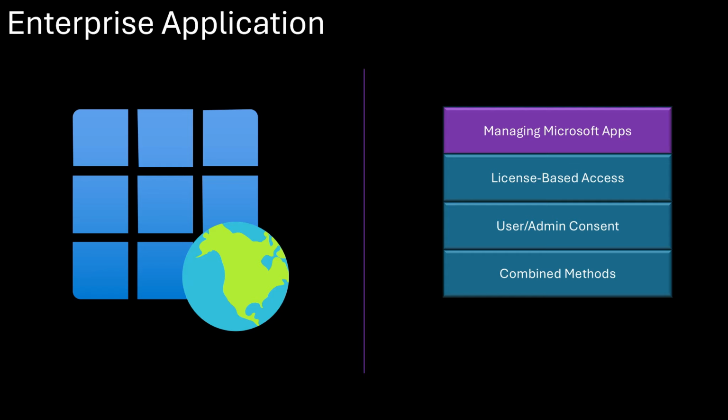Microsoft applications like Exchange, SharePoint, and Yammer are managed slightly differently. For such applications, you can assign access through user or group-based licensing. For free apps, users or admins can grant permissions as needed. And some Microsoft apps require both licensing and consent for access.